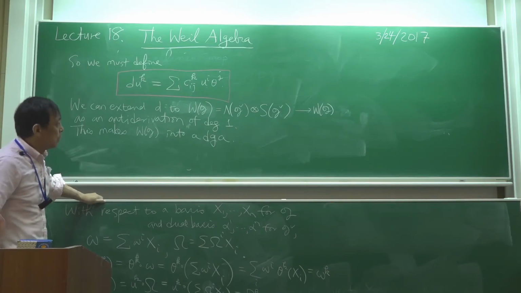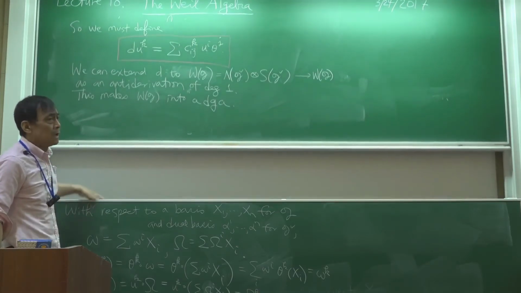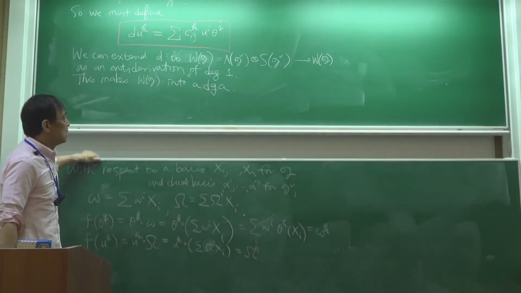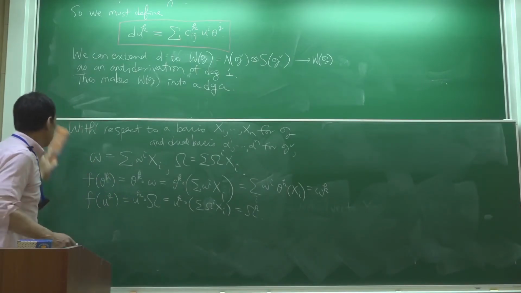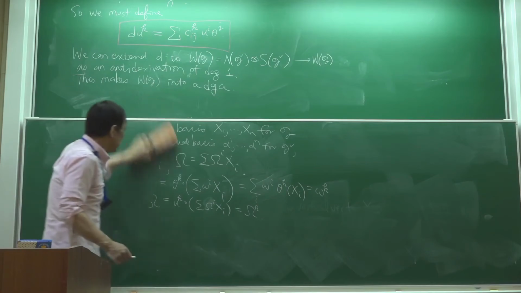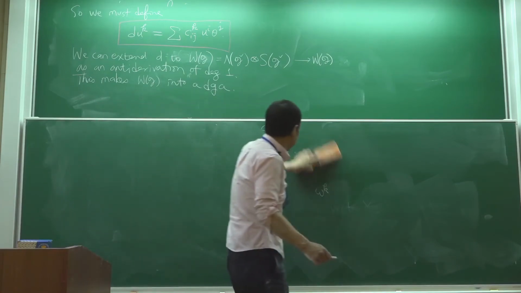Okay, and now we also have to define the action of the Lie algebra on the Weil algebra.